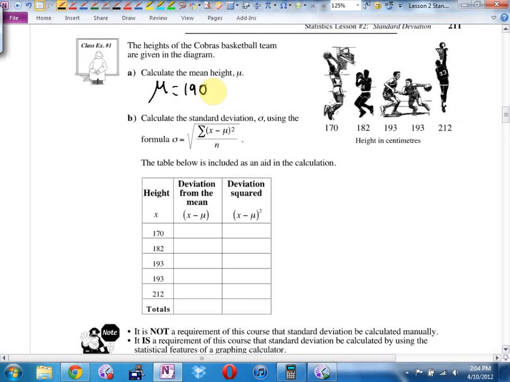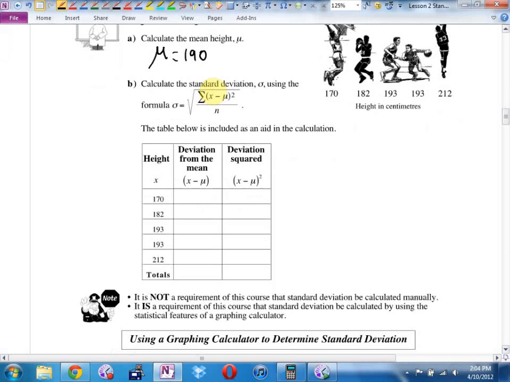Yes? B says, calculate the standard deviation, that's the symbol, using this equation.